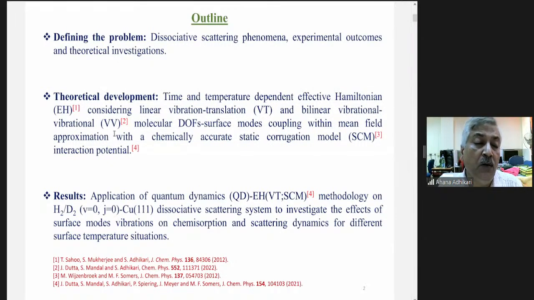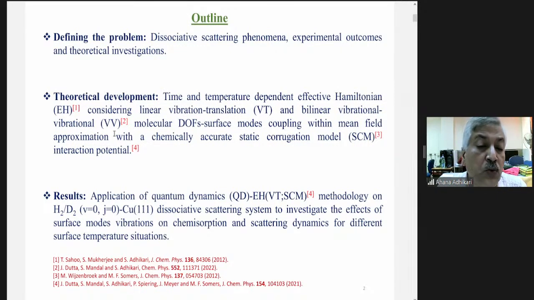Because when the molecule comes and hits a surface, first of all, the molecule will have 3 degrees of freedom, and with respect to the surface, there will be another 3 degrees of freedom. So therefore, there will be 6 degrees of freedom. 6 degrees of freedom means the number of coupled differential equations will already reach a minimum of 1 billion.